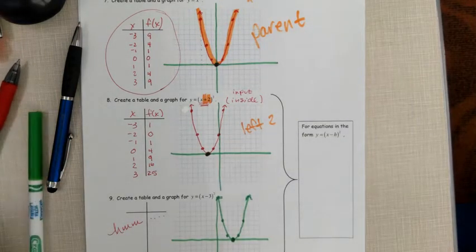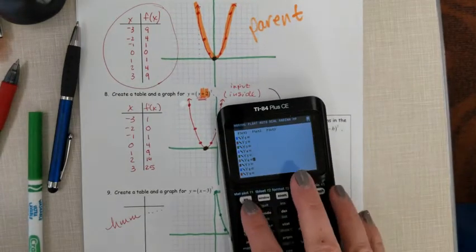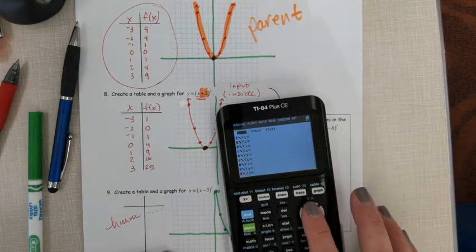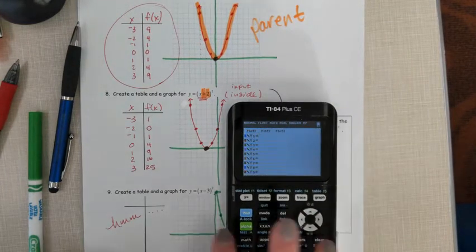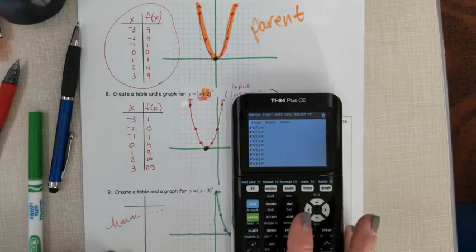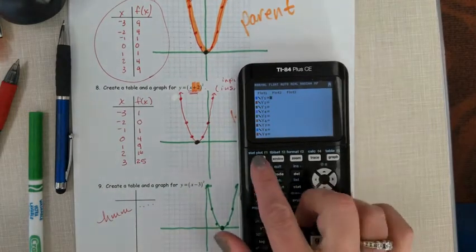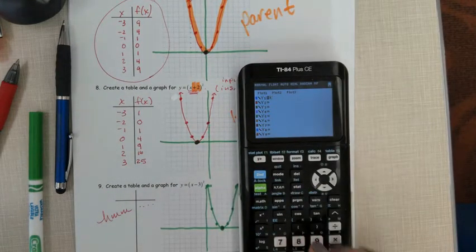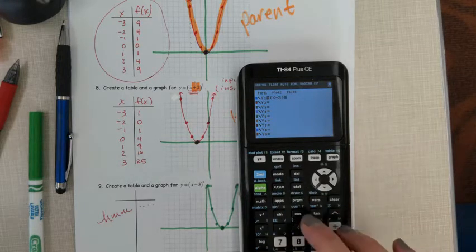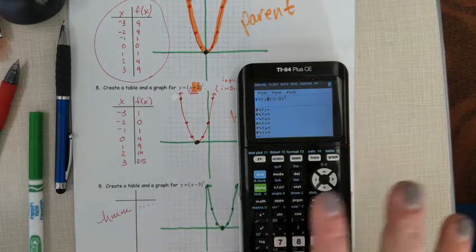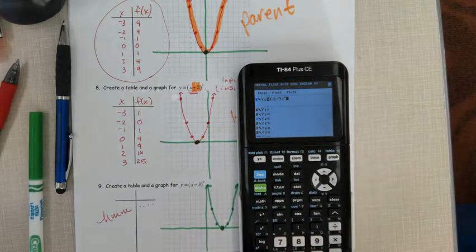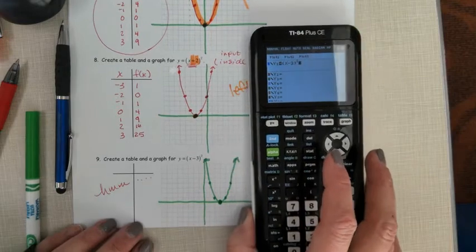Now let's say I still was struggling here. You are always welcome to use your graphing calculator. So to plot this in your table, you would say y equals parentheses x minus 3, close parentheses, squared has its own key. If you're going to use a calculator, you have to know how to use the calculator too.